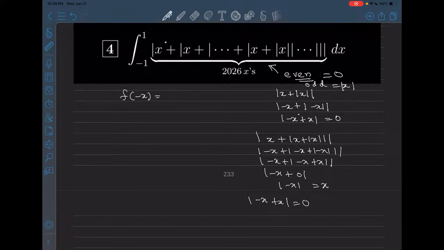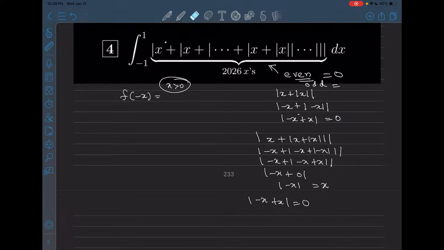Right? Yeah, it's just modulus x. So over here, wait, I was assuming x was positive in this case, right? The way I did the calculations, I was assuming x is a positive number.